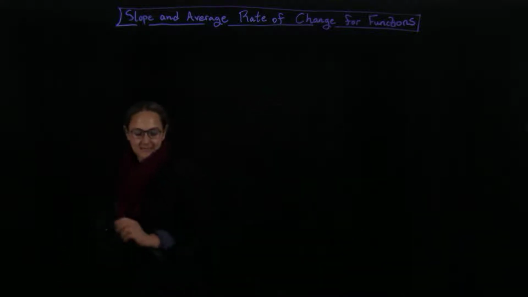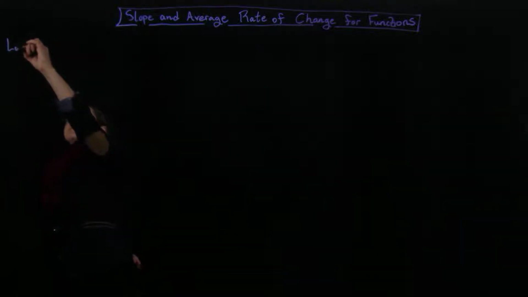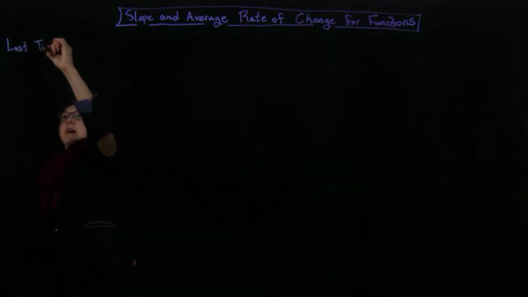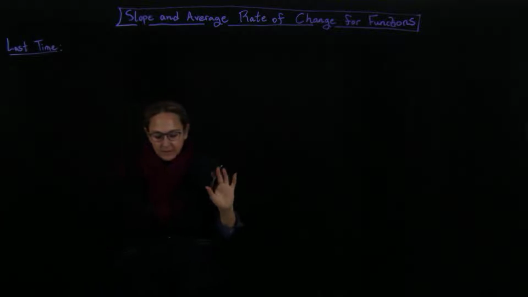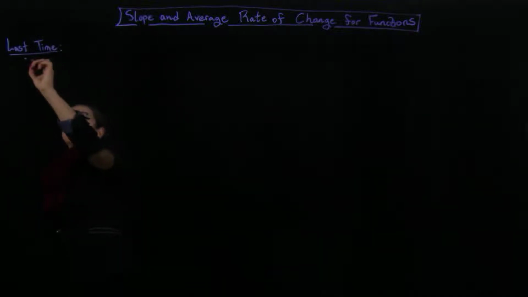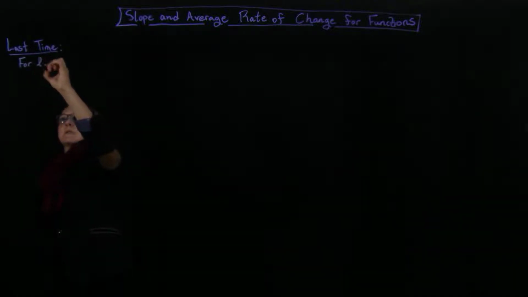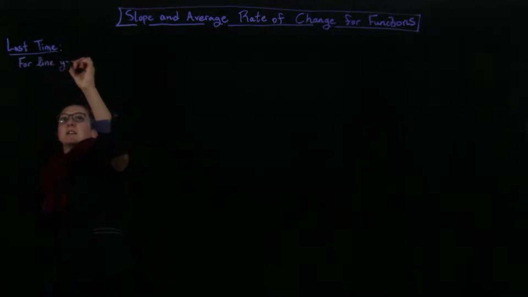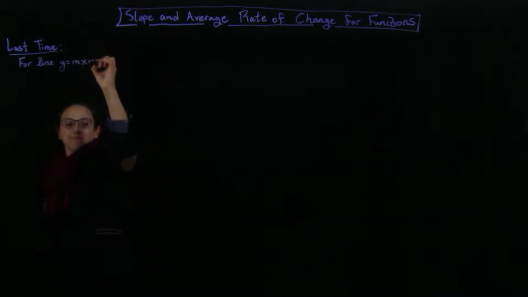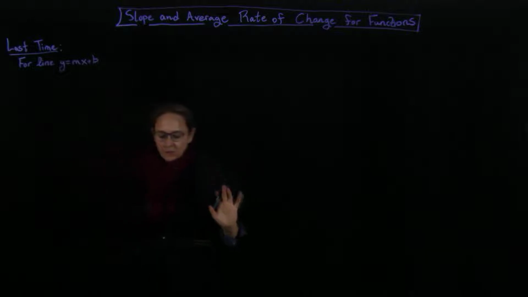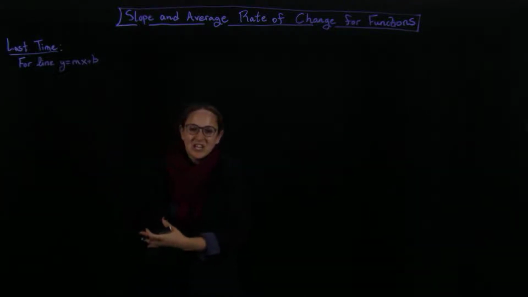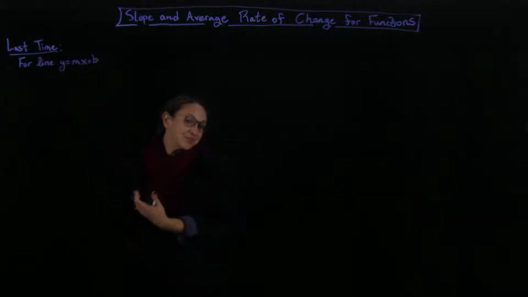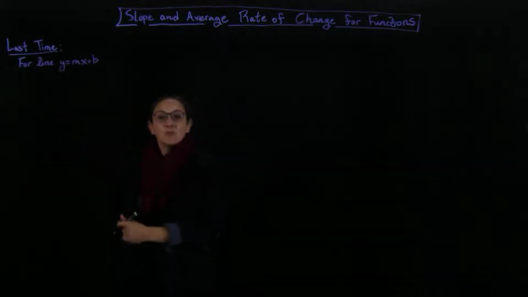So last time, we talked about the fact that for a line, y equals mx plus b, if we wanted to find how y changed as x changed, or how y changed with respect to x, then we would look at the slope.